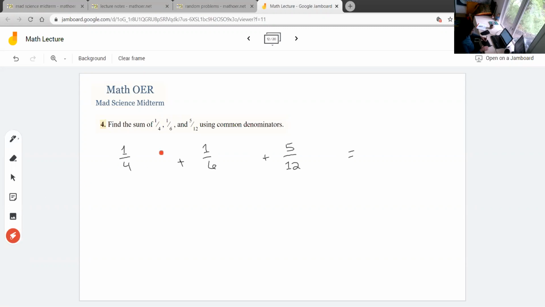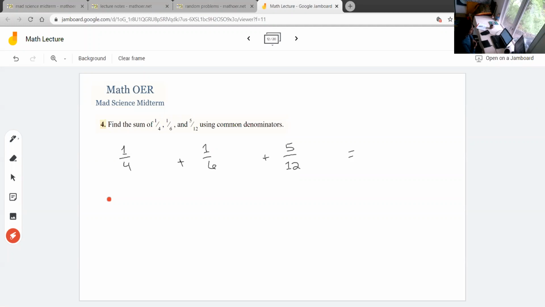And I'm leaving space after each fraction because I'm going to write a times something here. So some of these, you can just look at it and know what your common denominator will be. Others, you might want to use the process where you make mini factor trees.